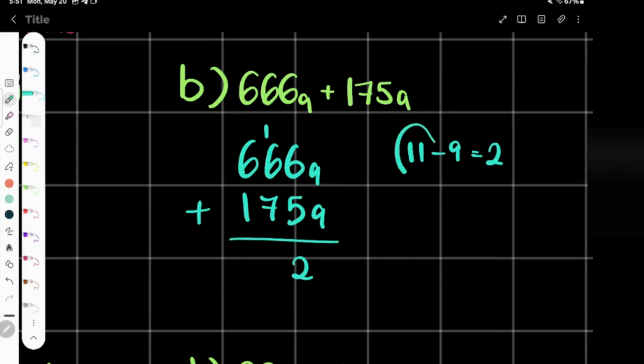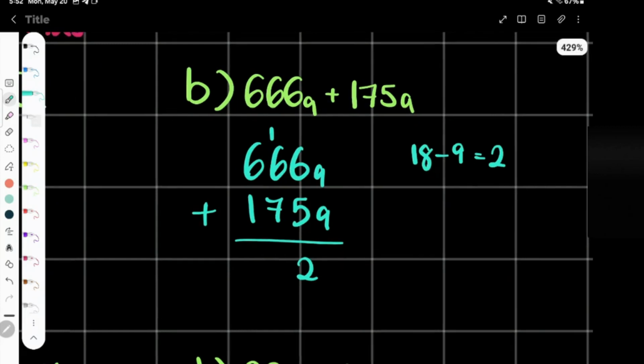How many 9s are there in 11? There's only one 9, right? So there's only one. If this is 18, how many 9s are there in 18? Two. So you put 2. Understand? So this one, of course, is 11.